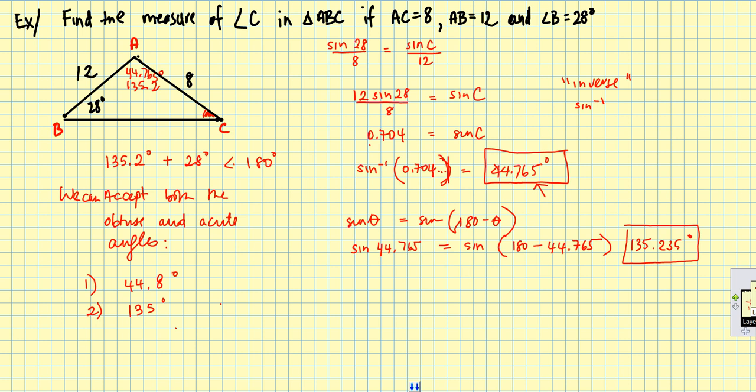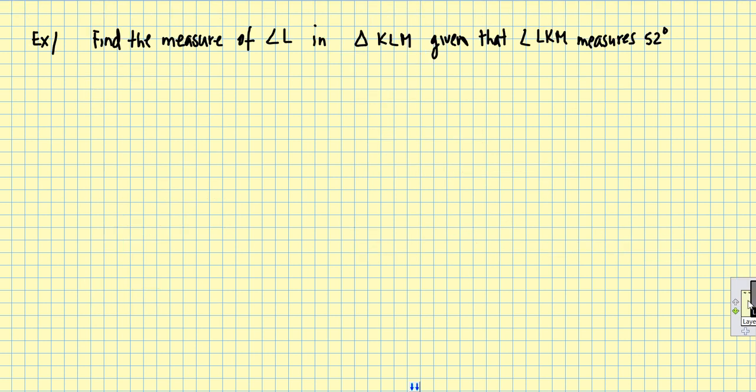All right, let's try another question. The other question says, find the measure of angle L in triangle KLM, given that angle LKM measures 52 degrees. So again, it's the same principle. I'm going to call this KLM, and I need to find the measure of L, and I know that LKM measures 52 degrees.